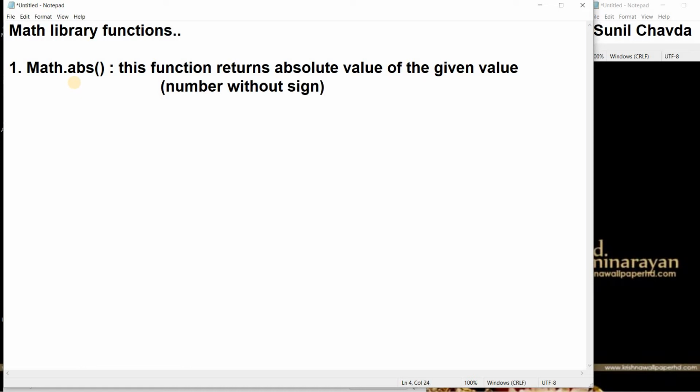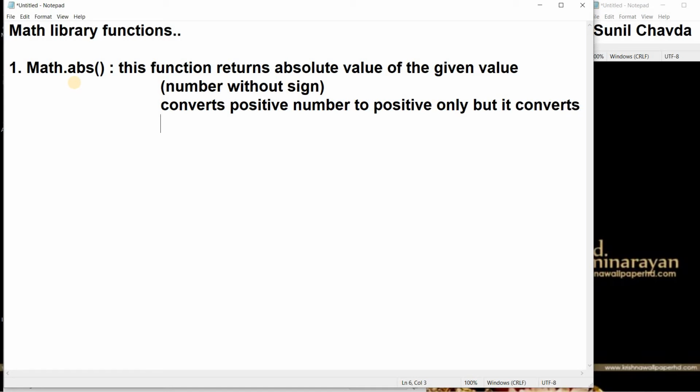So this function keeps a positive number positive, but it converts a negative number to positive. The main purpose of this function is to convert a negative number to positive.